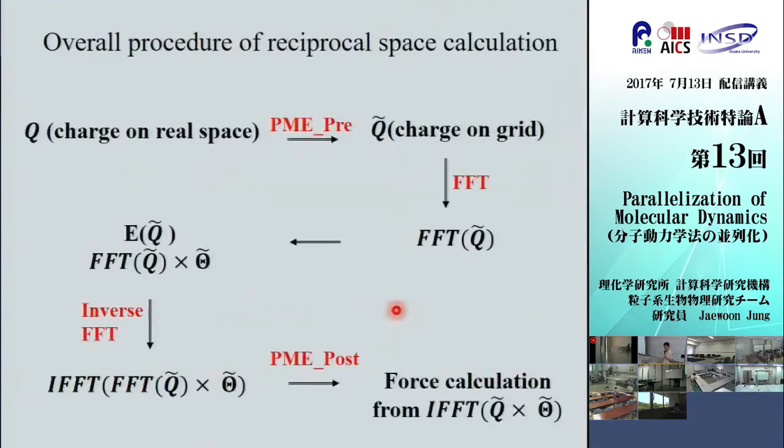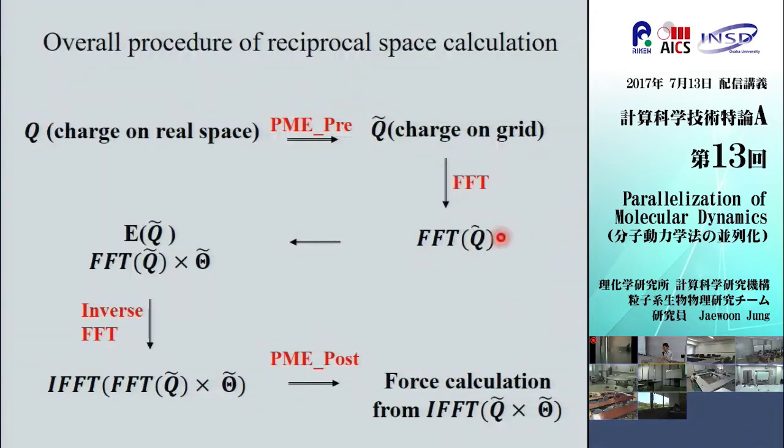Then in MD, we calculate reciprocal space interaction in this procedure. First, there is electrostatic charge in the space. And using B-spline approximation, we convert the charge in real space to charge on grid data. On this charge grid data, we perform fast Fourier transformation.